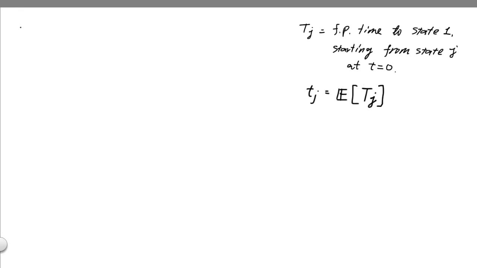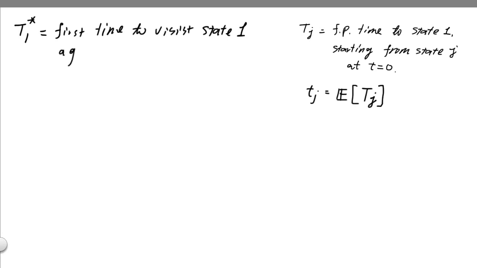Here we're going to define a similar quantity, T1 star, defined as the first time to visit state 1 again, starting from state 1 at t equals 0.